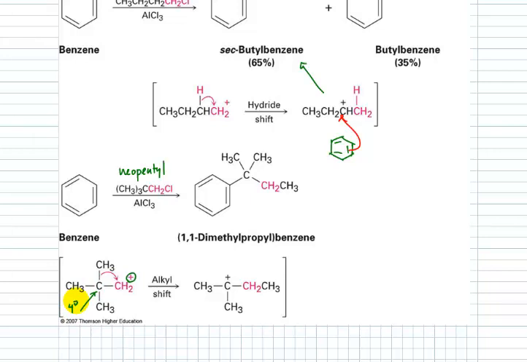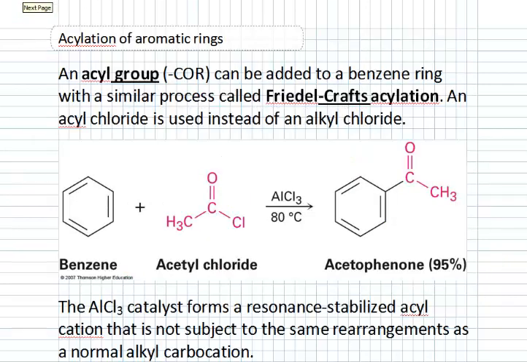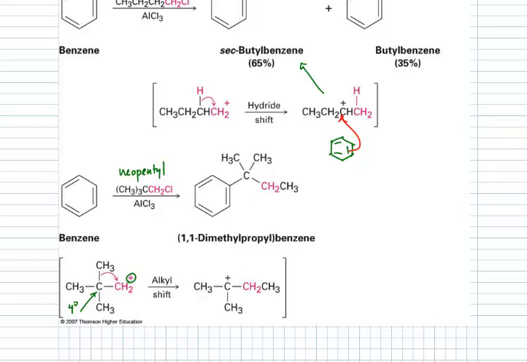If it's something where I can make a very stable tertiary carbocation like this, then it could almost be a rearrangement that we could count on. This neopentyl rearrangement is a famous one, so that's something we can count on. But otherwise, you want to try to avoid complicated alkyl groups, instead sticking with things that don't rearrange.